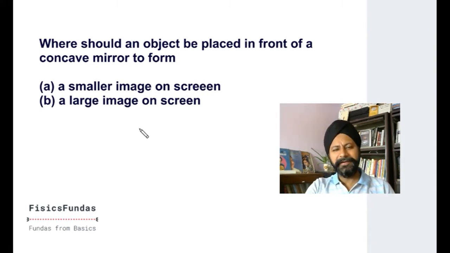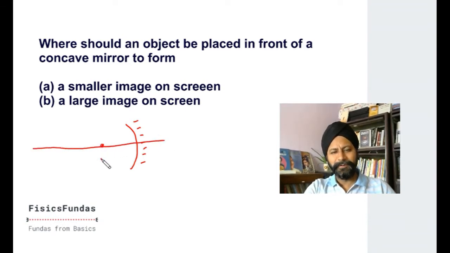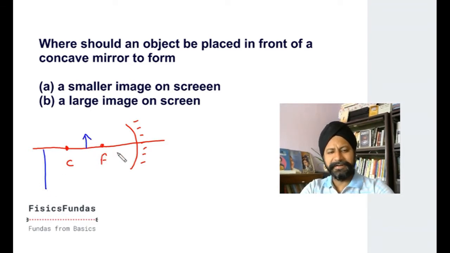So I have a concave mirror, so let's make a concave mirror. I want to make a smaller image on the screen. No problem. Smaller image on the screen, matlab real image. Real image ke liye small. If I put my object here, I know it's a big image. No, nahi chalega, nahi chalega.